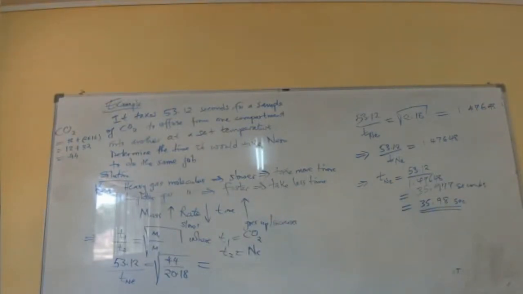carbon dioxide, you will notice that this also follows Graham's law, in that we can predict. Carbon dioxide, which has a larger mass, 44 grams per mole, takes more time, which is 53.12 seconds, to cover the same distance compared to neon. Neon, which weighs 20.18, takes about 35.98 seconds.